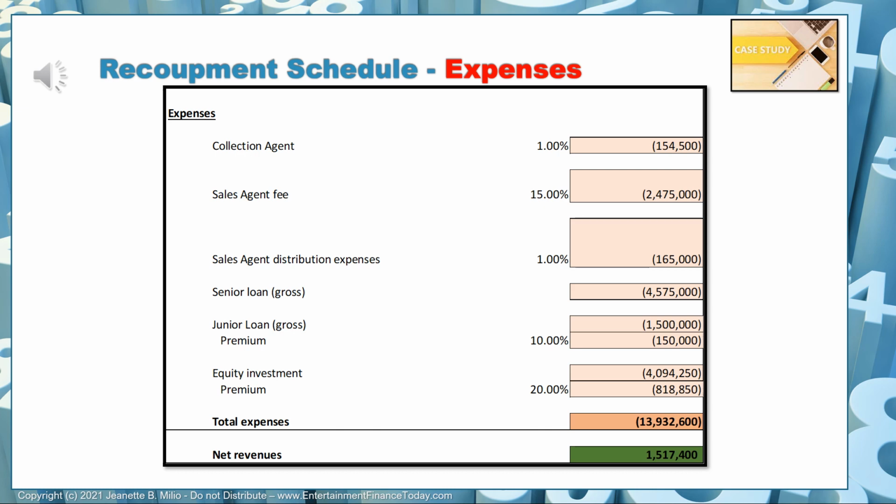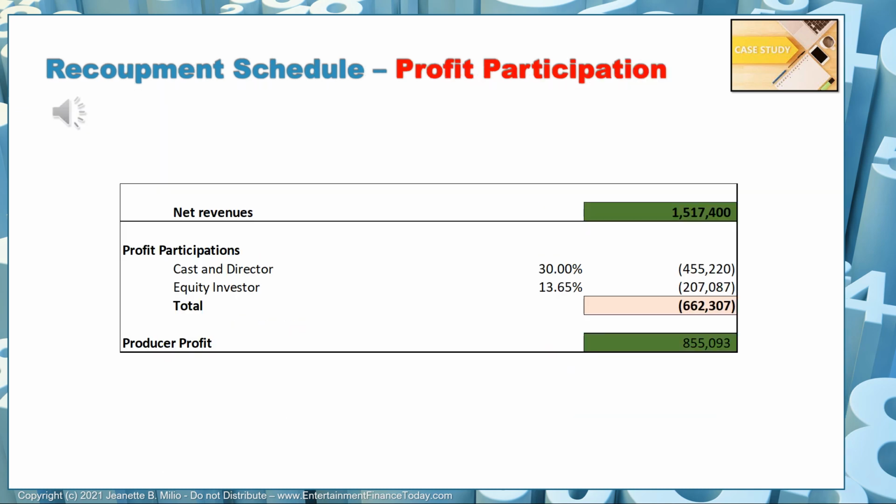Now, if we're deducting these expenses from the worldwide distribution revenues that we have accomplished of $15,450,000 after the down payment that we deducted, we are left with $1,517,400 in net revenues.